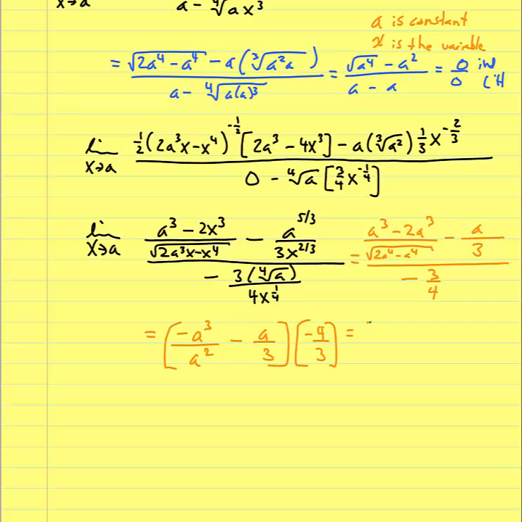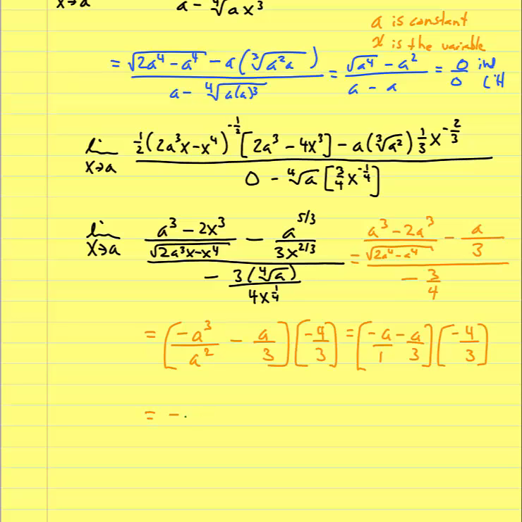So continuing to simplify, this is a fun little problem. A cubed over a squared is a, so I'm left with negative a minus a over 3. I'm going to write this as negative a over 1, so I can keep that in fractional form, minus a over 3, times a negative 4/3.